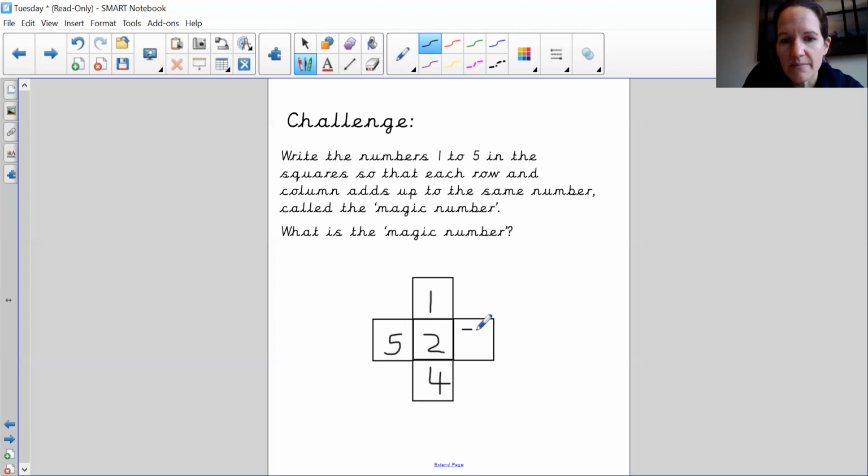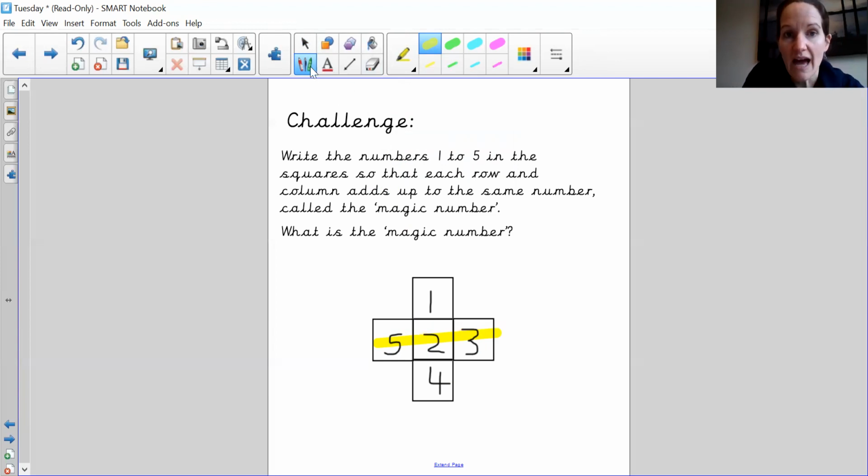1, 2, 3. Okay, now in order for this to be a magic number, it has to be adding. So let's check. Get my highlighter. It says each row. So let's look at my row. I've got 5 plus 2 plus 3. So 5 in my head, add 2, 6, 7, add 3, 8, 9, 10.